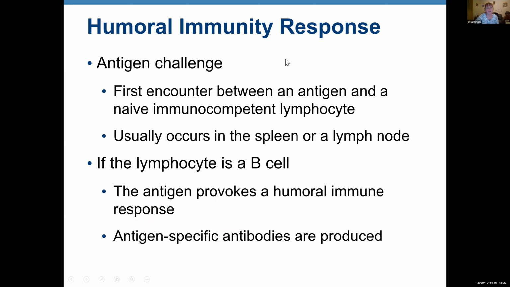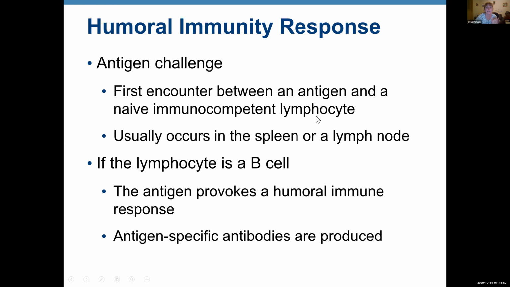Now, here we're talking about humoral immunity. Now, antigen challenge is the first encounter between antigen and naive immunocompetent lymphocytes. Remember how these immunocompetent lymphocytes, which are still naive, sit inside lymphoid organs, for example inside a lymph node.